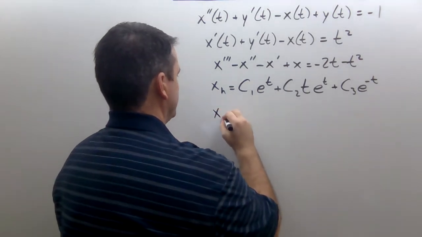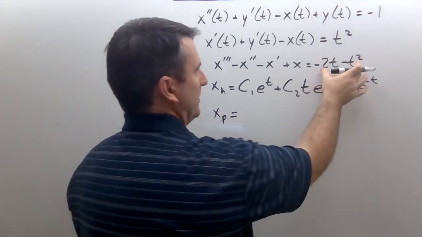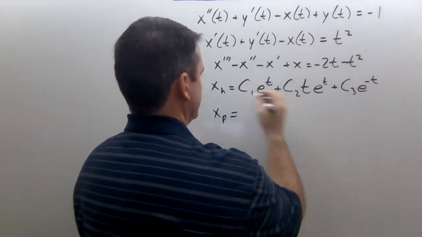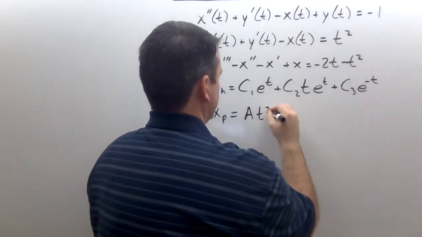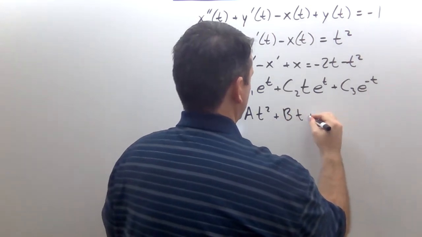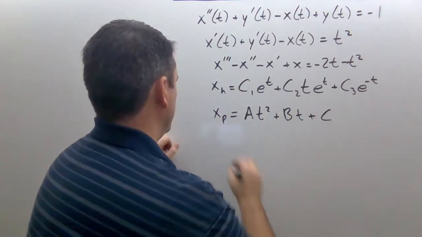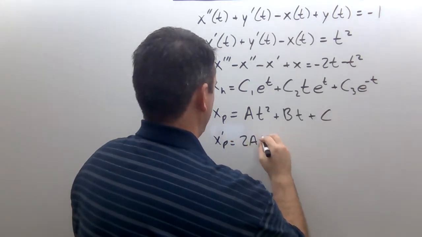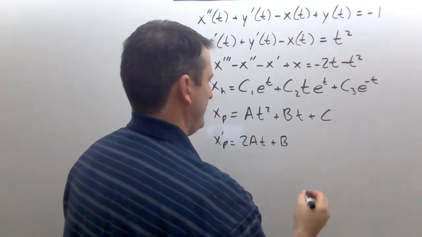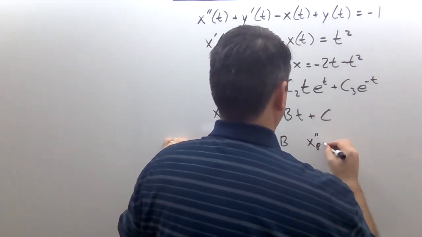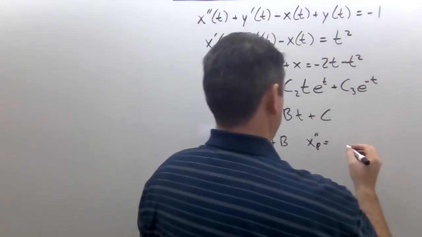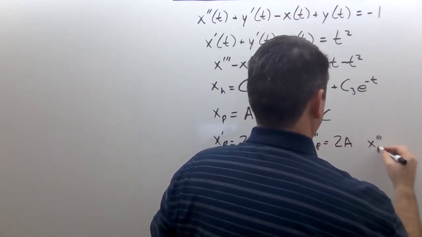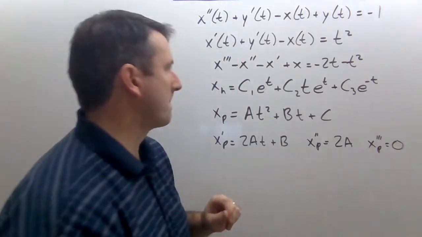Our particular solution, since we want this to equal something with t squared in it, is going to be in the form at squared plus bt plus c, which means that x prime is going to be 2at plus b, and x double prime is going to be 2a. And so the third derivative is just going to be 0.